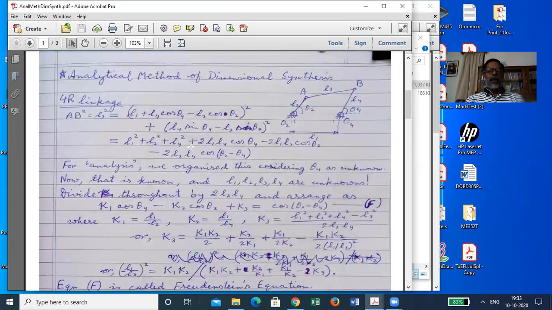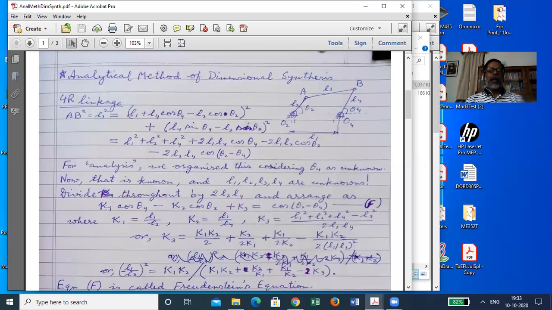So to get the equation in terms of ratios, overall we divide by twice L2 L4 and then organize it like this. The cos theta 4 term we keep as one term, and that will be twice L1 L4 divided by twice L2 L4, so you will get L1 by L2. Call that K1.